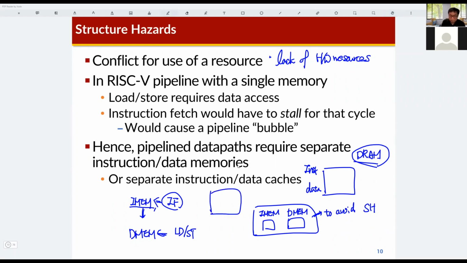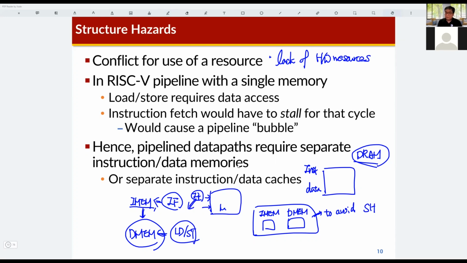So if the processor has only a single memory that shares instruction and data, then this port is requested by every instruction, every cycle. Then when data is requested in this memory, the instruction fetch cannot be performed, because this memory should be used for data access by load and store instructions, right?